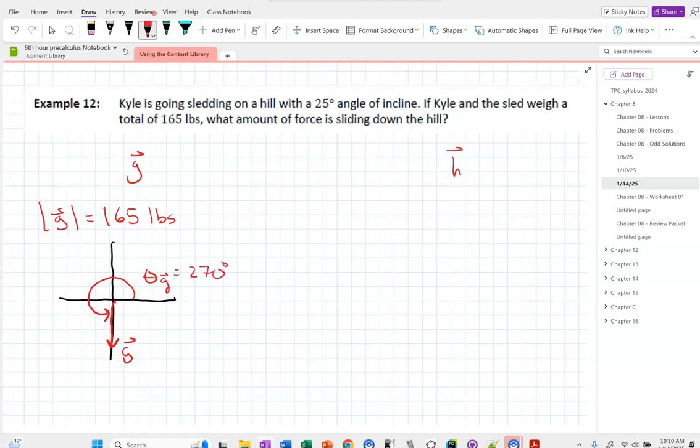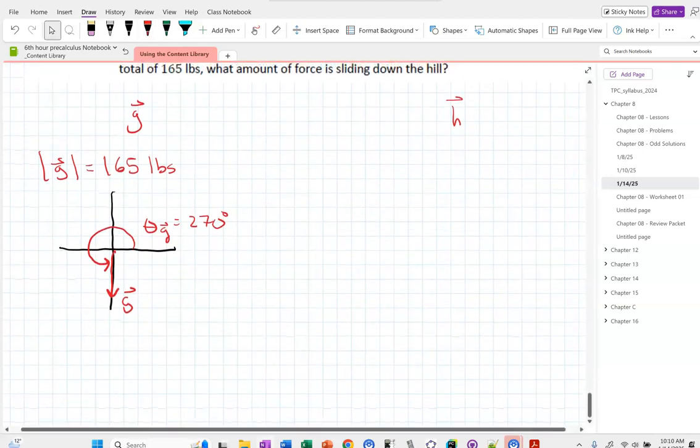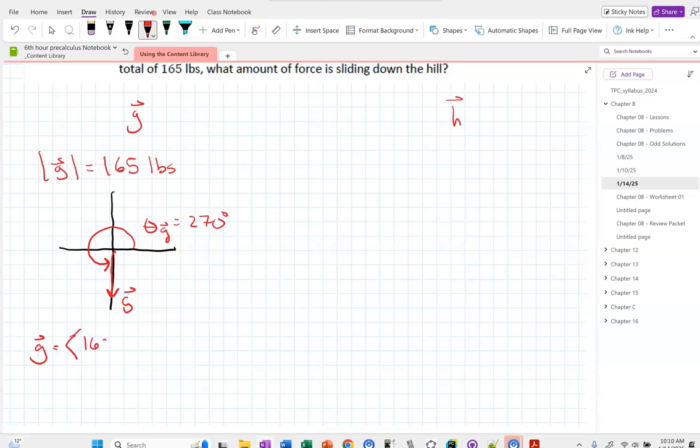Very good. And as long as we're at this, let's convert that gravity vector into component form. Again, we'll do magnitude times cosine of the direction, comma, magnitude times sine of the direction. And when we do that, we get 0, comma, negative 165.